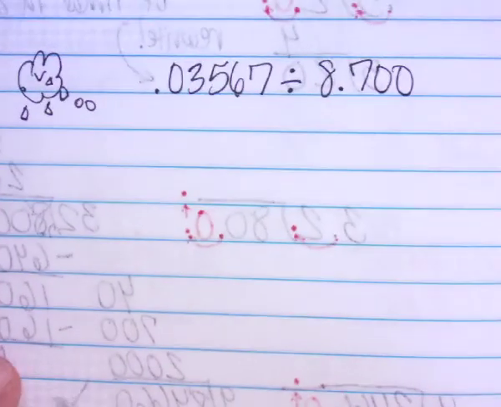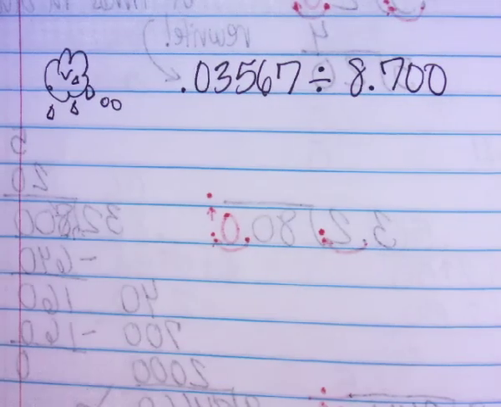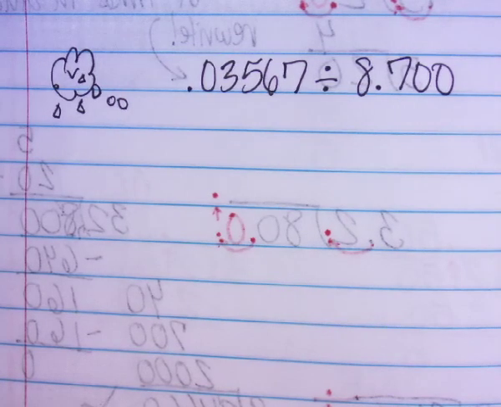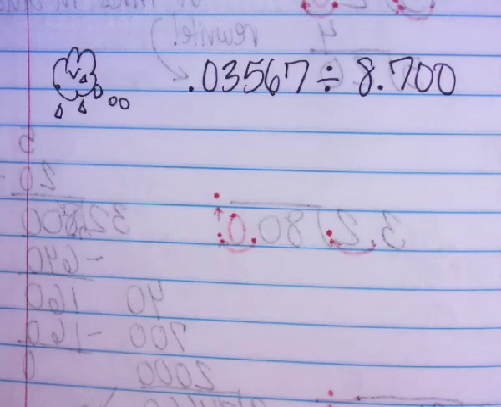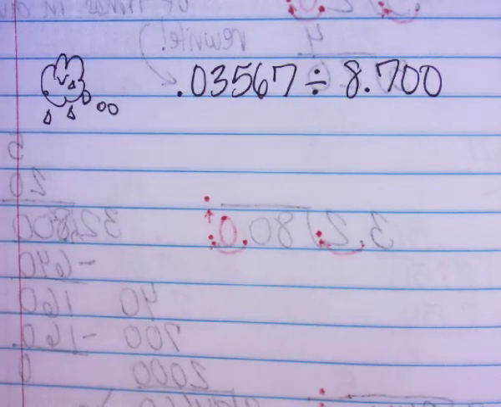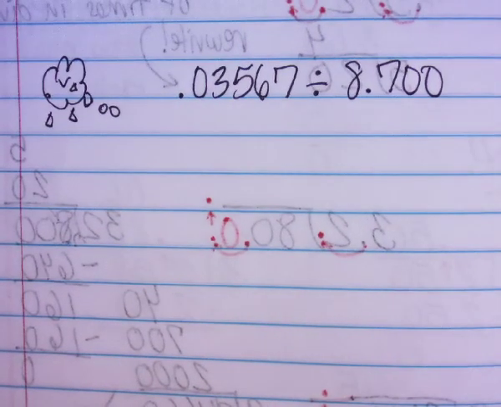Which one are we dividing it into? You figure it out. No, we don't say the bigger number goes inside. You say 0.03567 divided by 8.700.